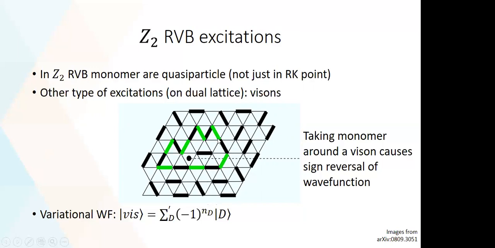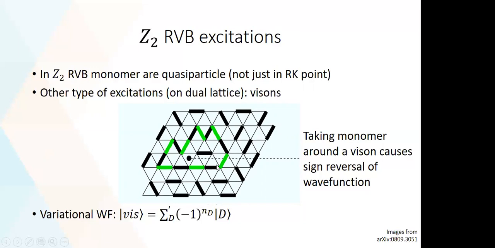What does it mean to take a monomer around the vison? So let's say we have a dimer. Break the dimer, and then you start moving the monomer about till it comes around, and you combine them back together into a dimer.